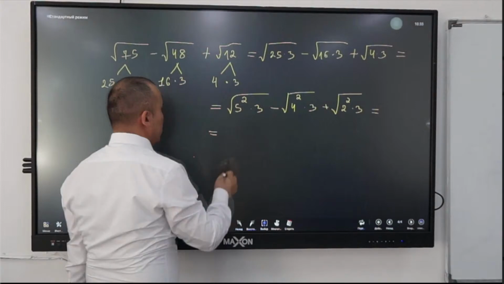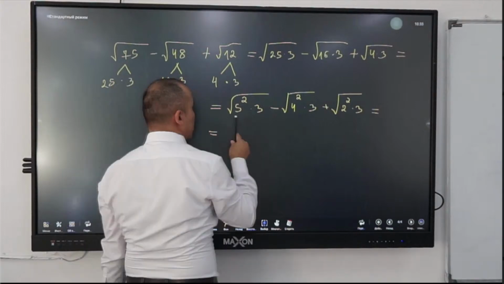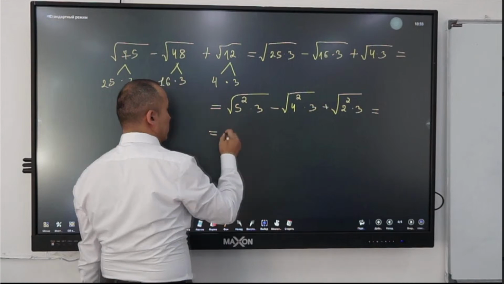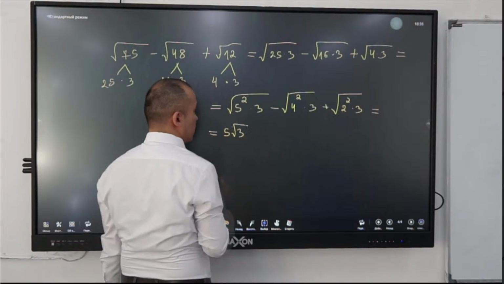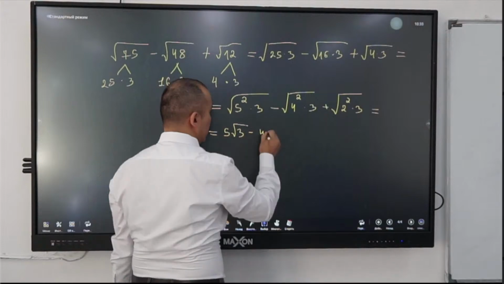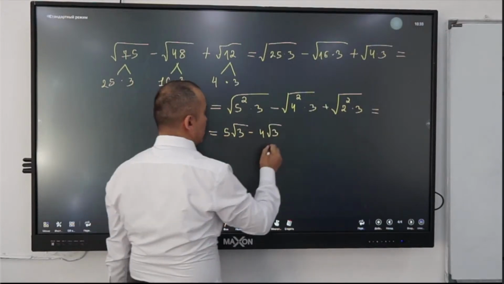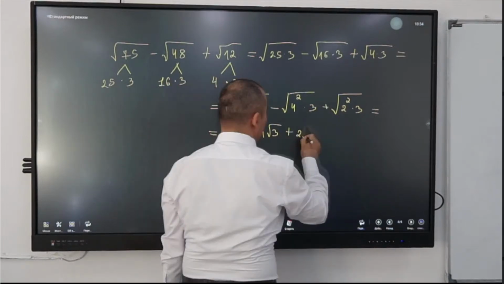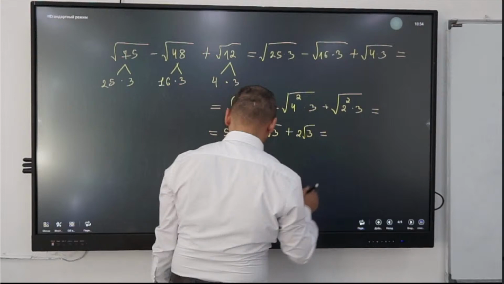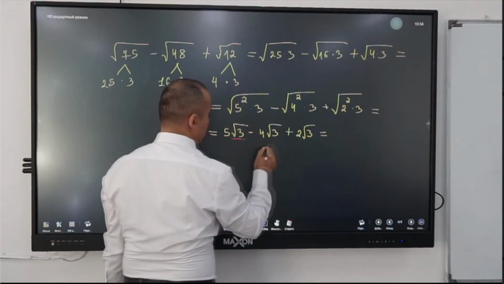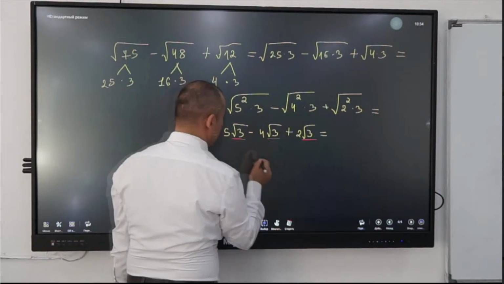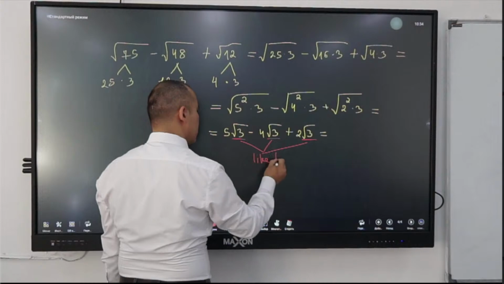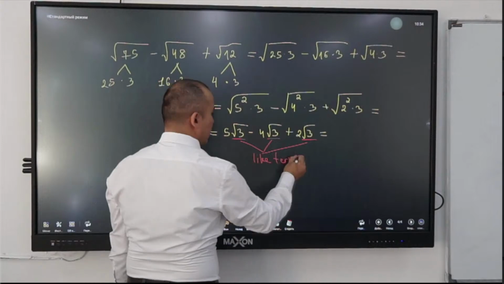Okay, let's convert this radical into mixed form. It will be 5 root 3 minus 4 root 3 plus 2 root 3. Okay, we can see here the numbers under the root are like terms, or a common factor.